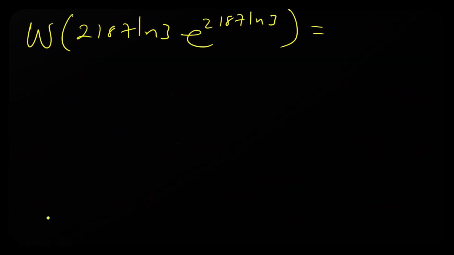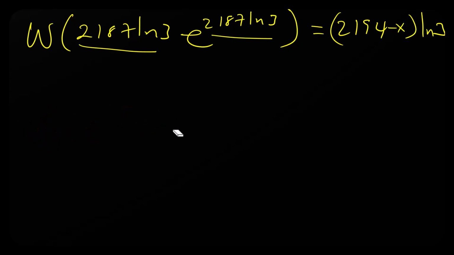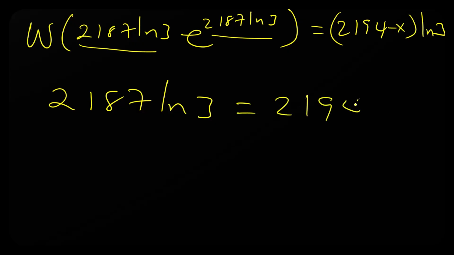So the right hand side is 2194 minus x ln of 3. So remember the rule, box times e raised to box. When you take the W function, the answer is box. So this side, look, they are the same. So we have 2187 ln of 3 equals 2194 minus x ln of 3.